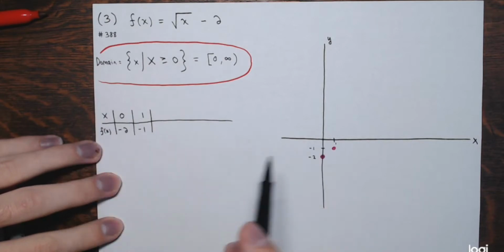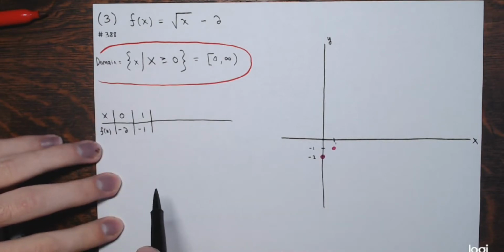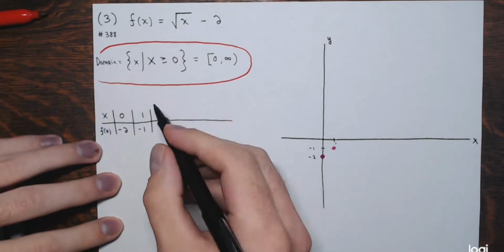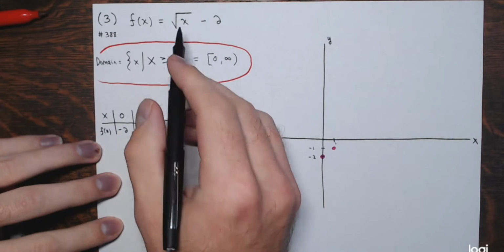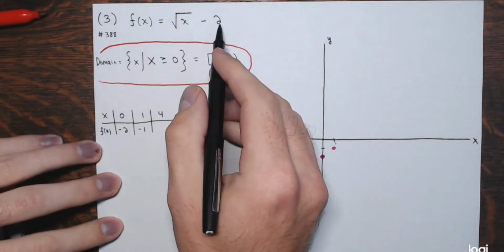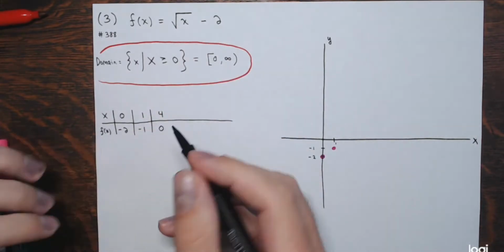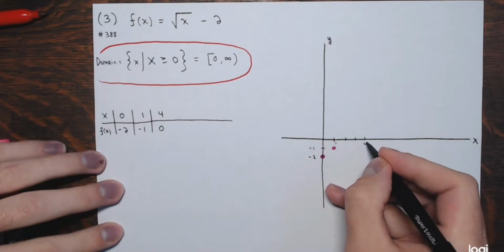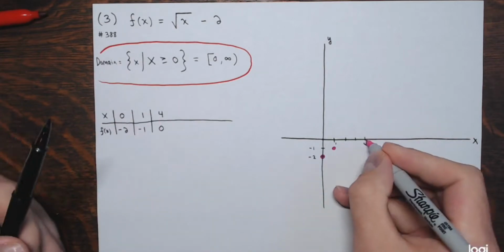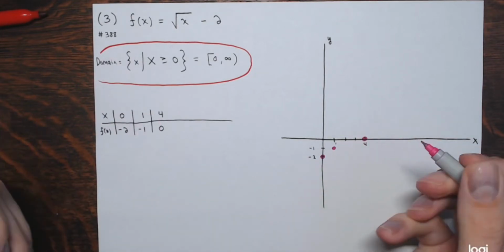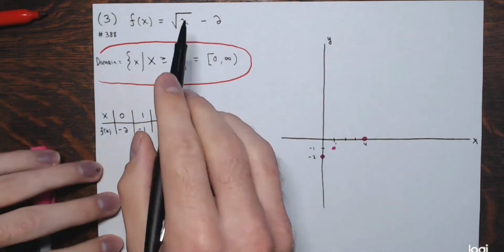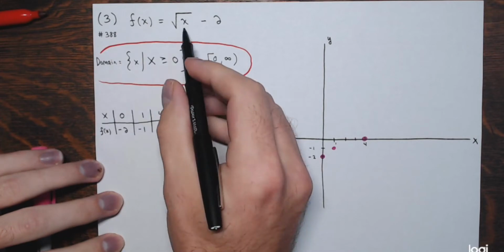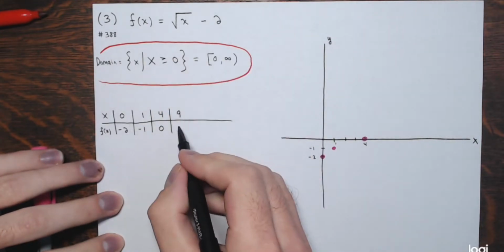You can plot it. It's just not a nice number. Square root of 3, now square root of 4. Right? Plug in 4 for x, and you get 2, but then minus 2 would be 0. All right, so 4 comma 0. So input 4, output 0. And then 5, 6, 7, 8, 9. Plug in 9. Square root of 9 is 3, but then minus 2 would be 1.